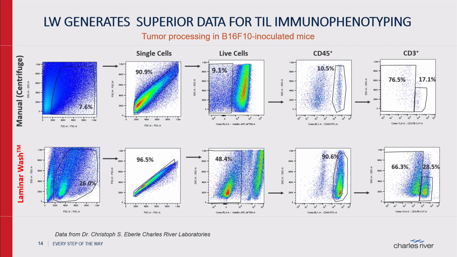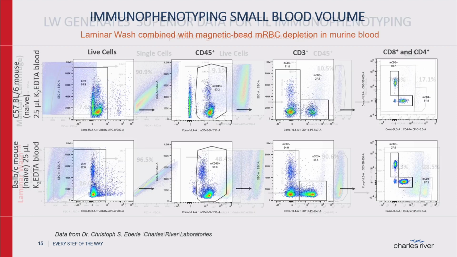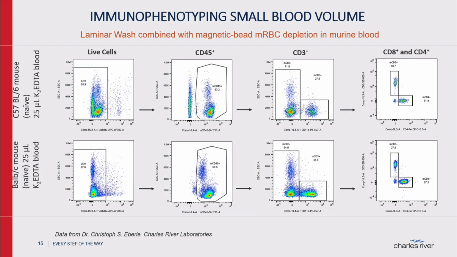So while we're speaking of the mouse model system, I just want to show you again some data from Charles River, from Dr. Eberle. We're working with small volumes of blood, and here he combined Laminar Wash with magnetic bead depletion in murine blood samples. So you can see here there are two mouse model systems that are commonly used, BALB/c and C57.